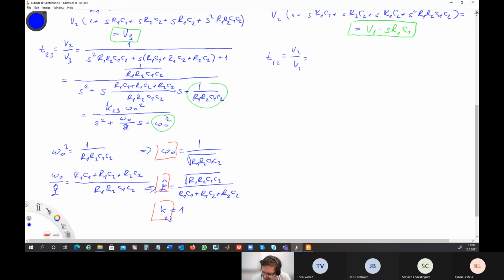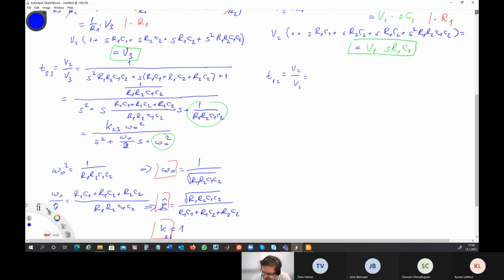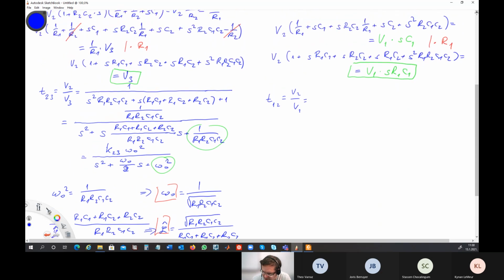And we will have the following equation: S square R1 R2 C1 C2 plus S (R1 C1 plus R1 C2 plus R2 C2) plus 1.